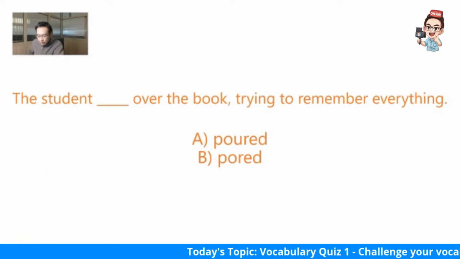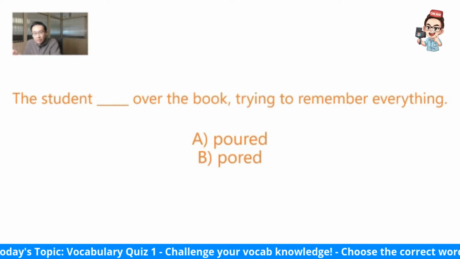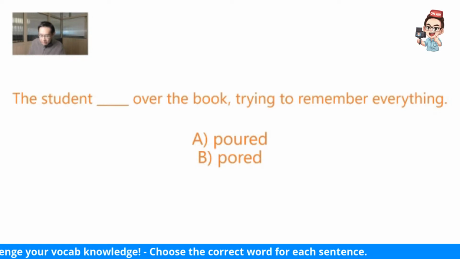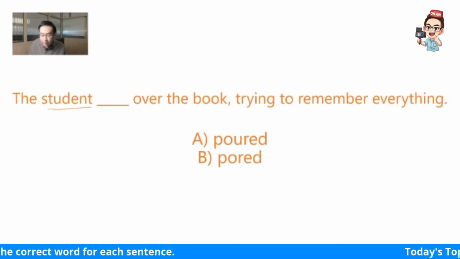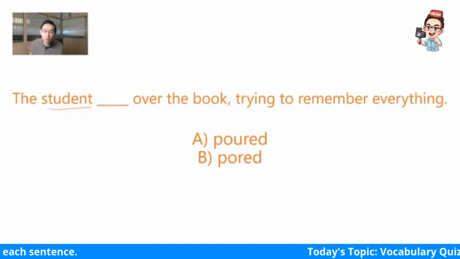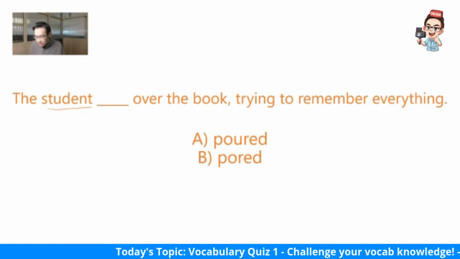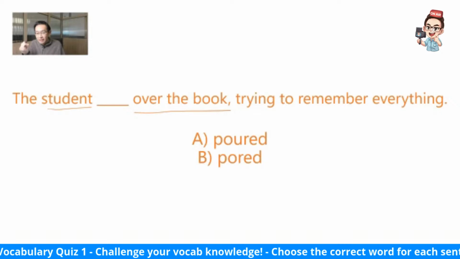Now this one is kind of like a phrase, all right? So I will explain the whole thing at the same time, okay? So let's look at the sentence first. We say the student, so someone who is still learning or studying, maybe at a school or in a university, okay? He or she something over the book. So the student did something to the book.